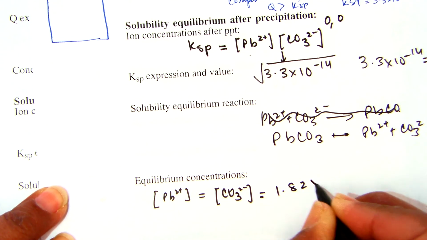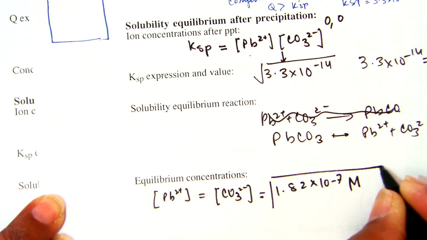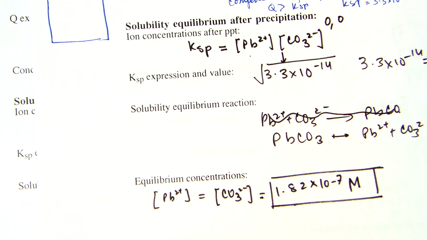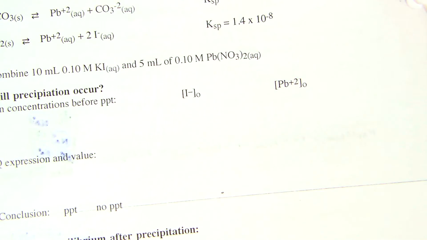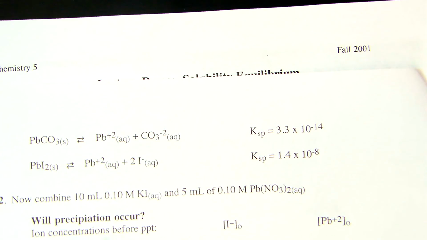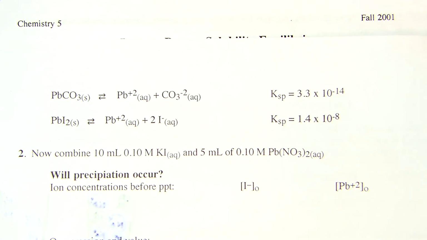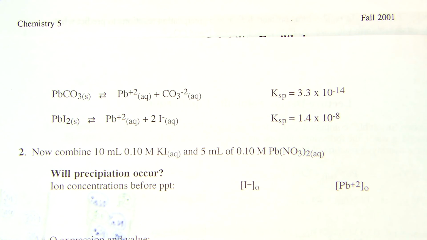Now I encourage you to do the second part of this activity on your own. The second part is part 2. First we explored the PbCO3 expression, right? Now we're going to be mixing KI and lead nitrate together to create an equilibrium for PbI2.